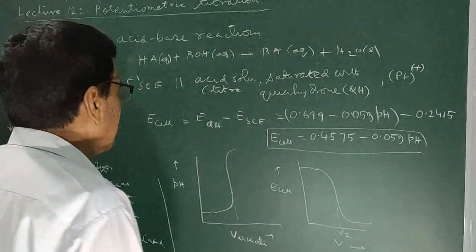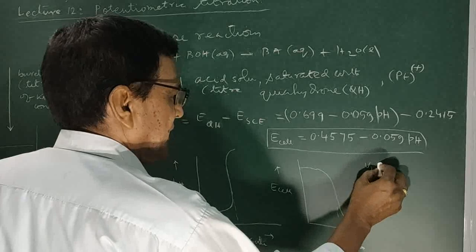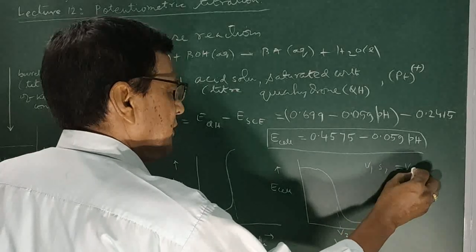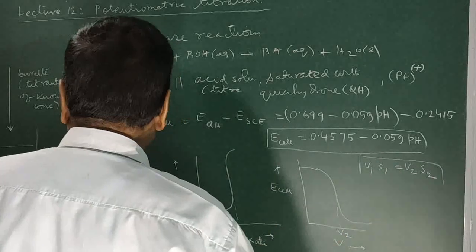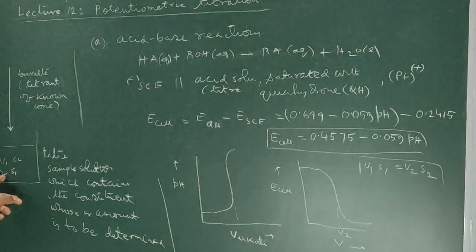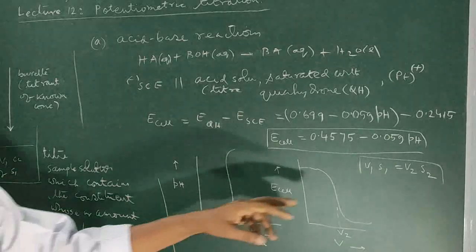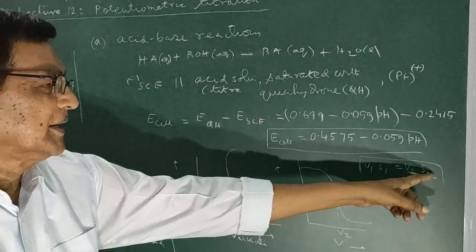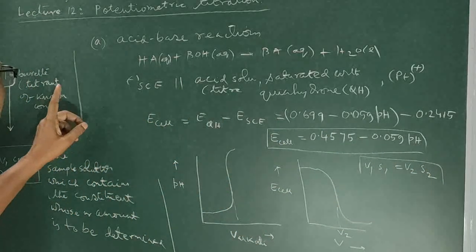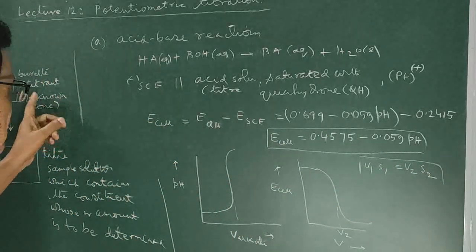And we know generally V1S1 equals V2S2. This is the formula. V1 is the volume of the titrate taken by means of a pipette, S1 is the strength of this acid, and V2 is the volume of the titrant or alkali taken in a burette, and S2 is the strength of this alkali, which is known to us.